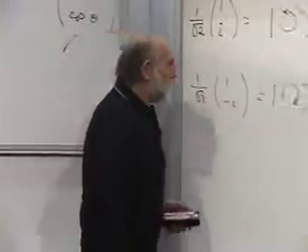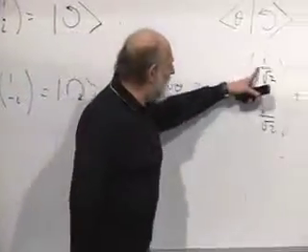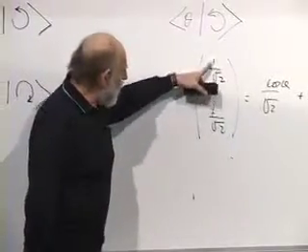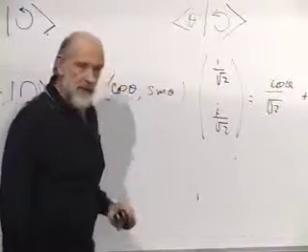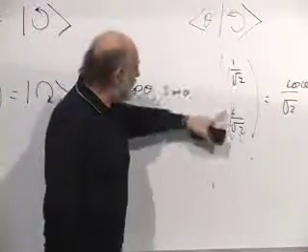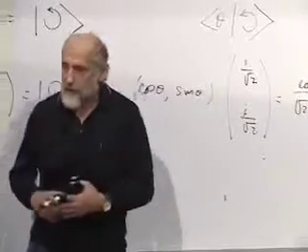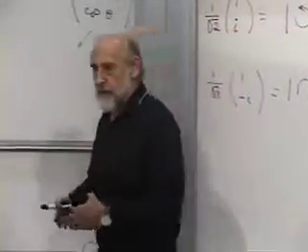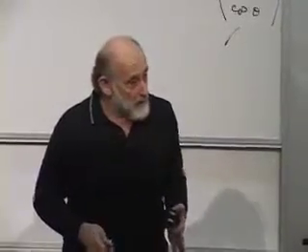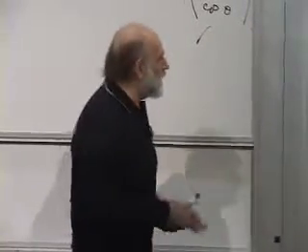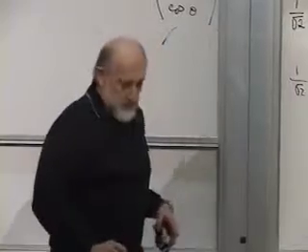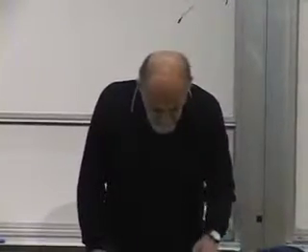Elliptically polarized photons are circularly polarized when one of these is real and one of them is imaginary. If both of them are almost real, one of them is real and one of them is close to being real, then it's an elliptical polarization, which is almost a plane polarized photon. Well, I think we'll do a little more with elliptically polarized photons next time if I get a chance.